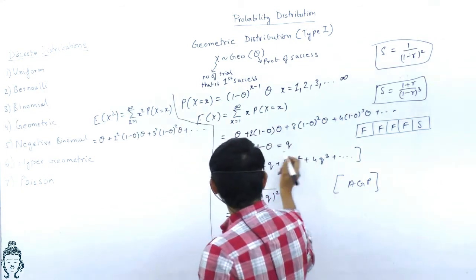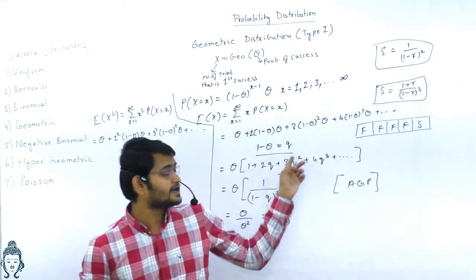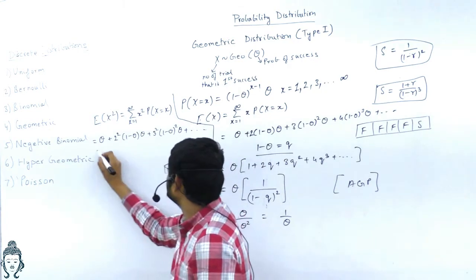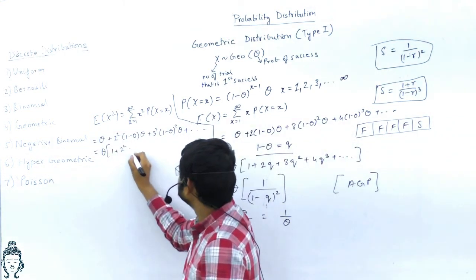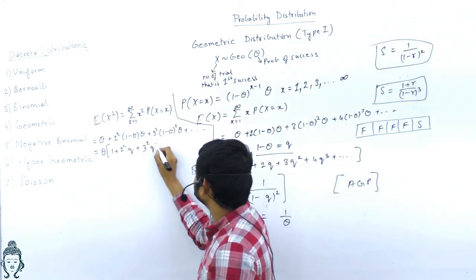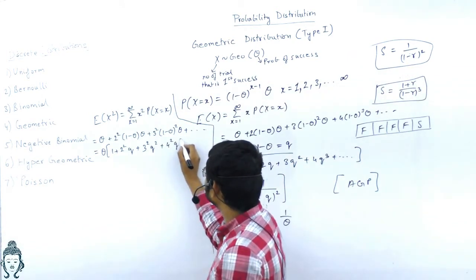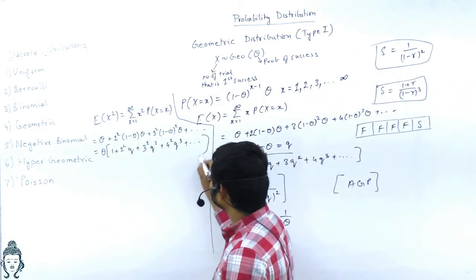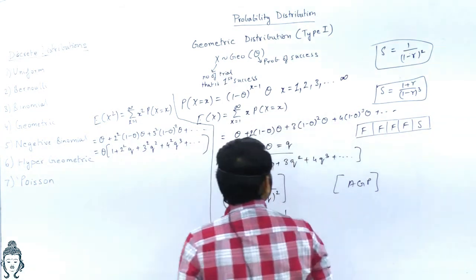Again, I am going to take 1 minus theta as q. So I can take theta common here. I get 1 plus 2 square q plus 3 square q square plus next would be 4 square q cube, and so on forever.